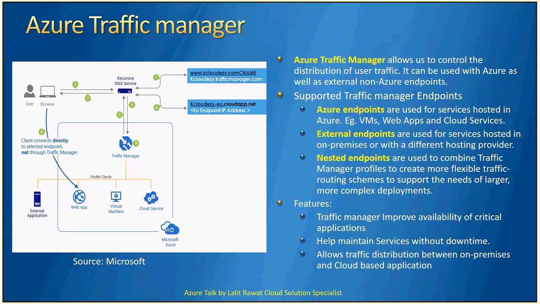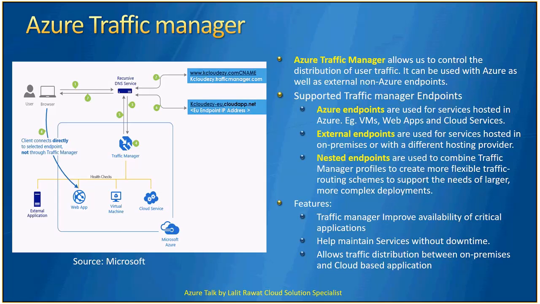And irrespective of whether it's a virtual machine or a web app, or just web apps could be used there? Just in case it is not there, is there a way to tweak it to use it for a VM? Oh, you can. If you have a public IP, you can use it. So it supports VMs with a public IP, though I need to check whether a public IP is a must.